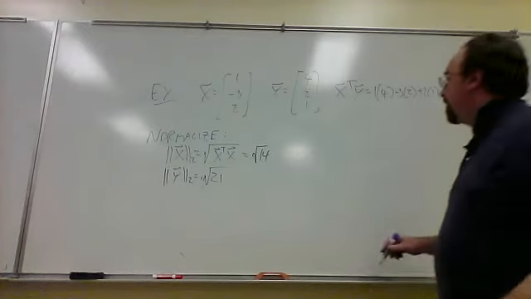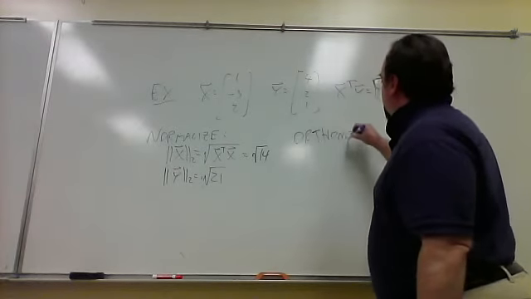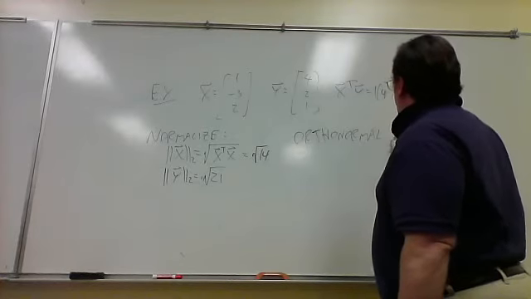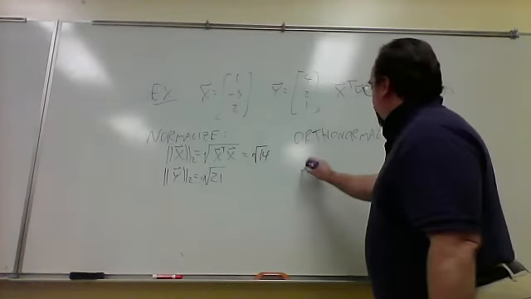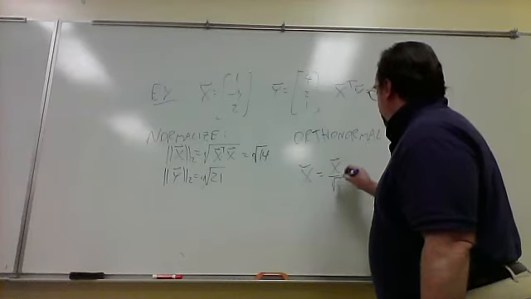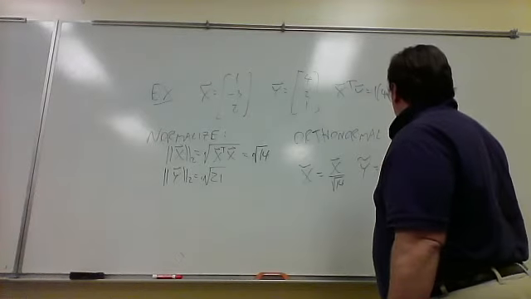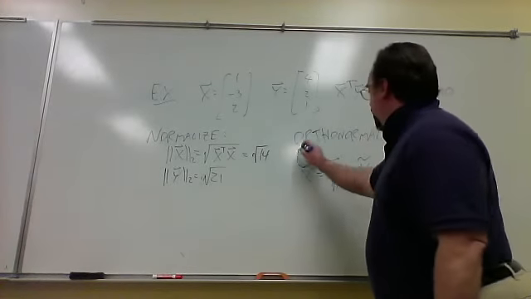Now I can define an orthonormal set. I'll let x tilde be x over the square root of 14, and y tilde be y over the square root of 21.